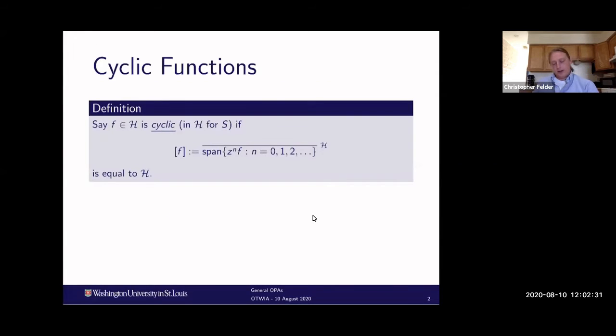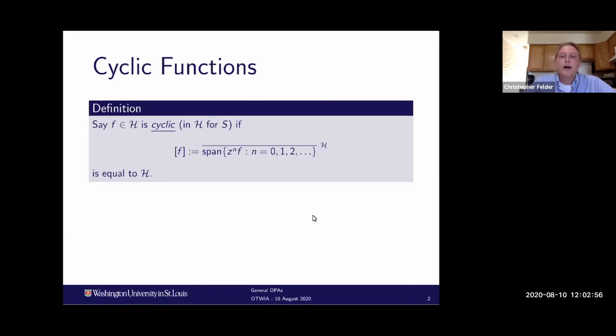The main object of study for this is going to be cyclic functions. We take a function F in H and we say it's cyclic in H if this space, bracket F, which is defined to be the closure of the span of the monomials times F in H, is equal to all of H itself.